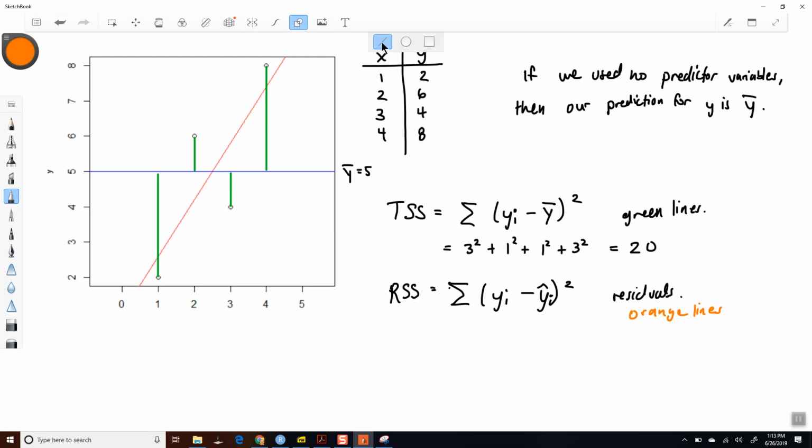And this is how much our values differ from what our prediction line says it should be. In some cases, the orange line is much shorter than the green line, and for these dots, the orange line is actually longer than the green line.